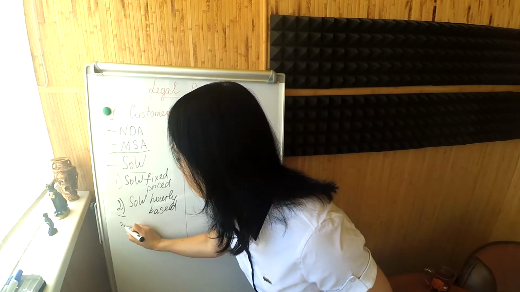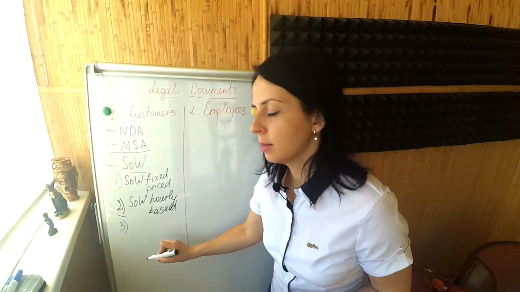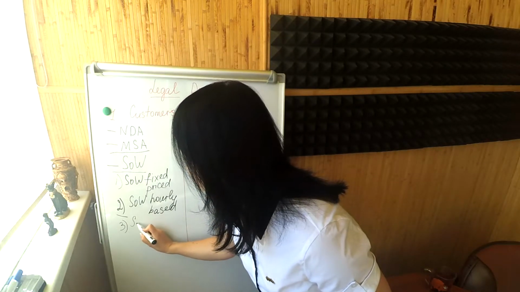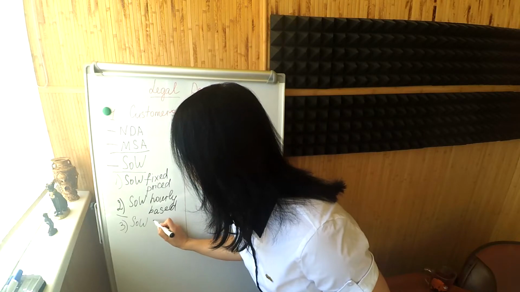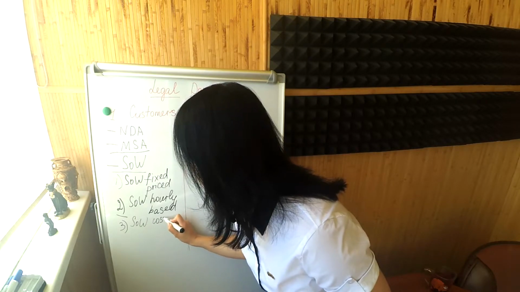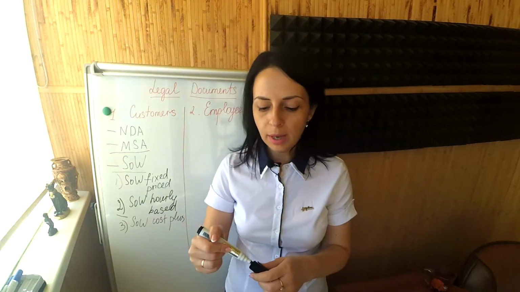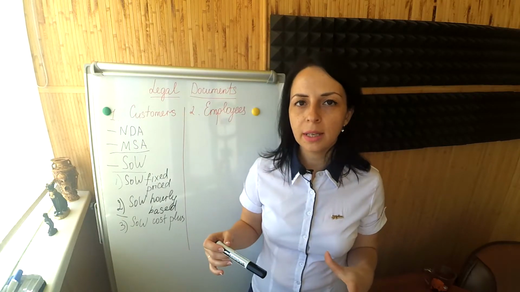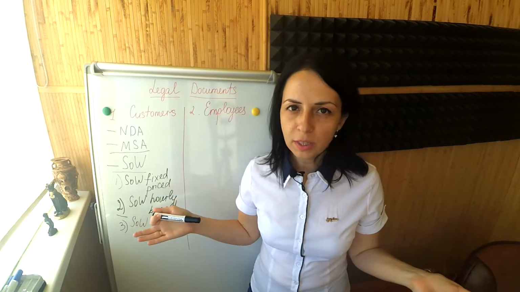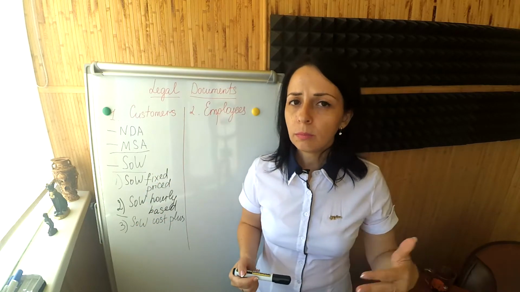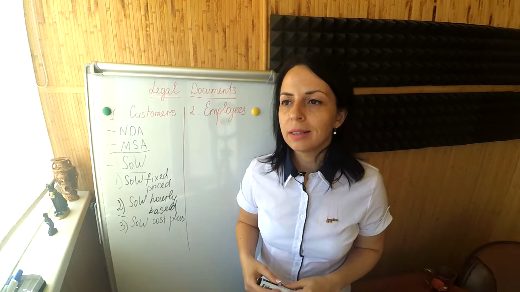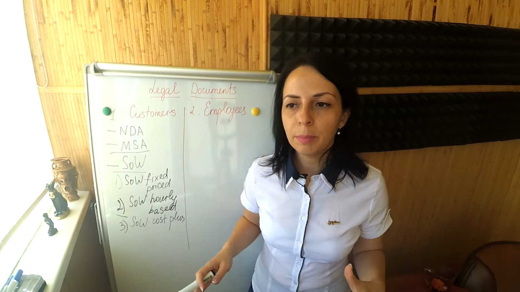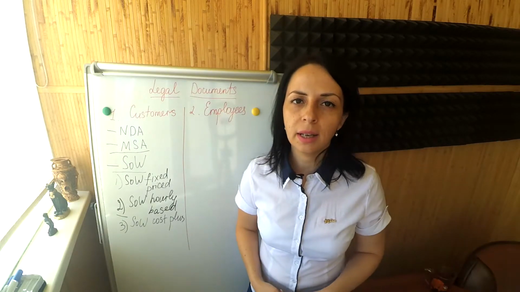And the third type is, I hope you can still see it, a statement of work for a cost plus model. What does the cost plus model imply? It implies that you are providing the services of a software developer for your customer, and that software developer is going to work full-time for that customer.